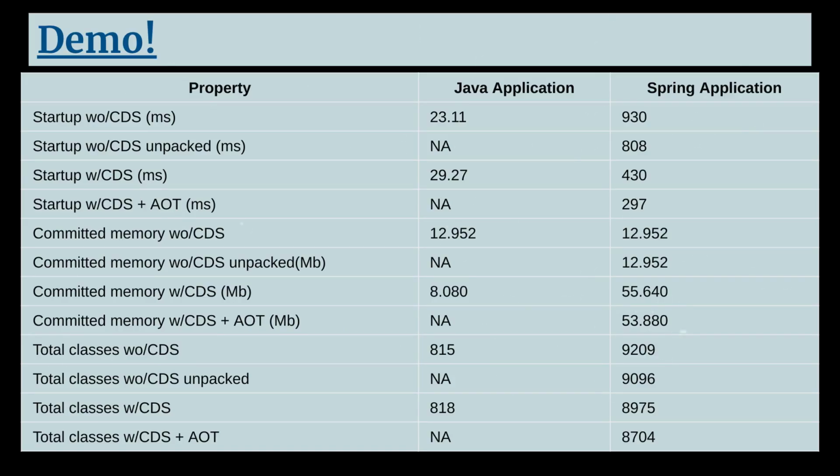With CDS, we were able to halve that startup time to 430 milliseconds. And then we decided to go one step further and add AOT to our Spring Boot application. And then our startup time was about 300 milliseconds. In this case, 297 milliseconds to be very precise.